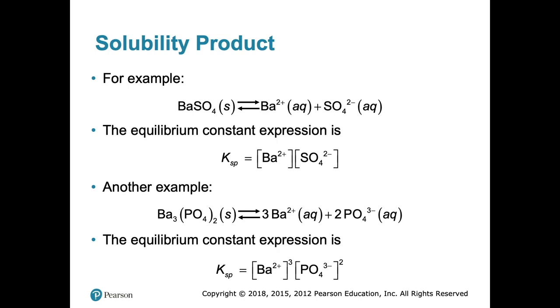Of course, this 3 and this 2 for those 2 ions become the exponents in the equilibrium expression. So now Ksp equals Ba to the third, and then PO4 to the second. So it's the same thing as it was with chemical equilibria and acid-base equilibria. The coefficients become the exponents.